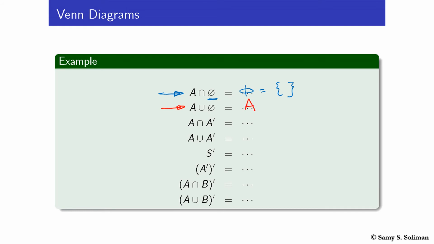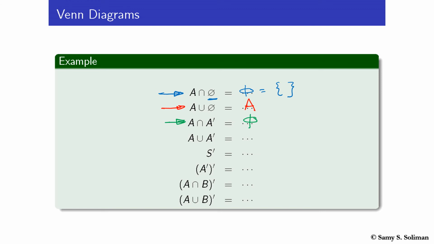The intersection between a set and its complement is phi, because the complement of an event is all the elements in the sample space and not in event A. So definitely there is no intersection between an event and its complement; the event and its complement are mutually exclusive or disjoint.